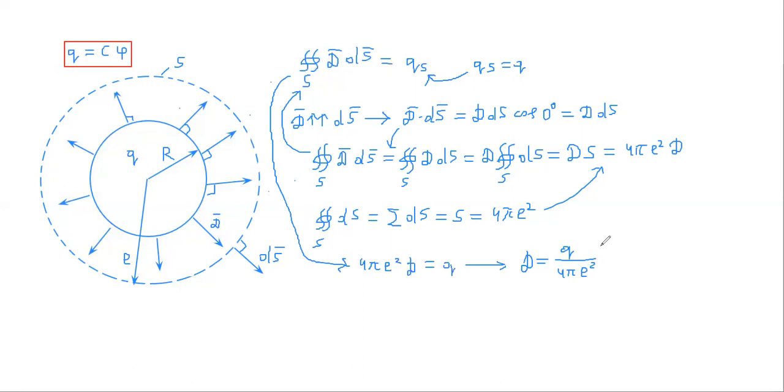As you can remember from our previous lesson, the electrostatic field inside the conductor is always equal to 0. Outside we have obtained a formula for the electric displacement vector outside the charged ball or sphere.